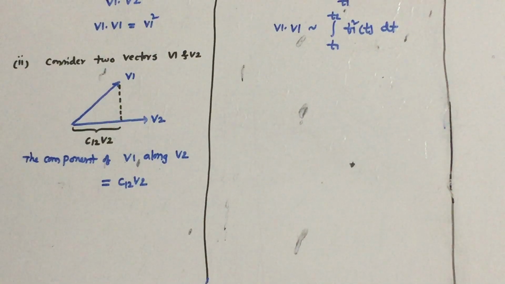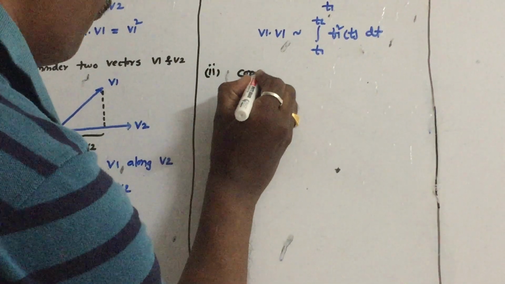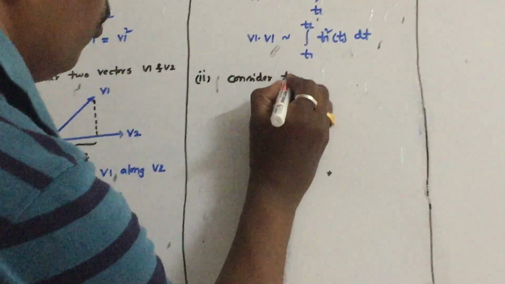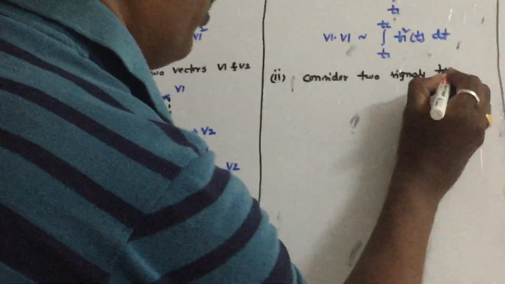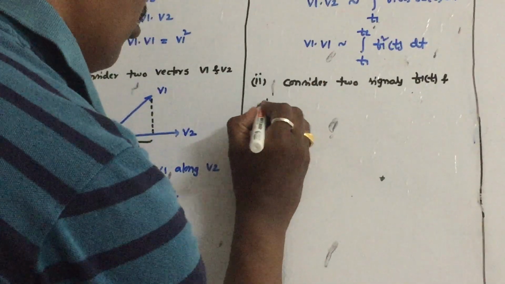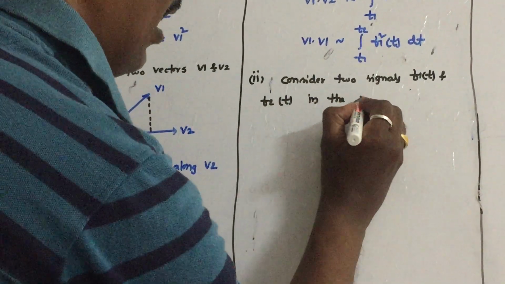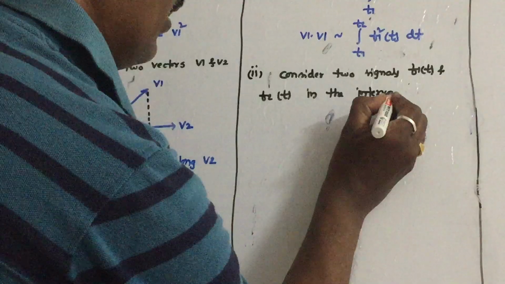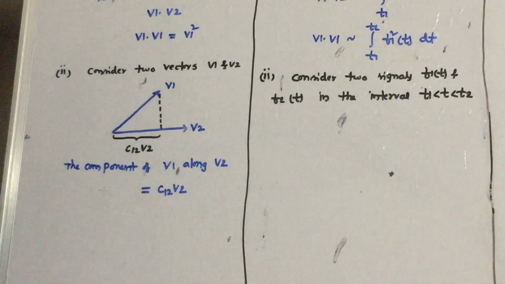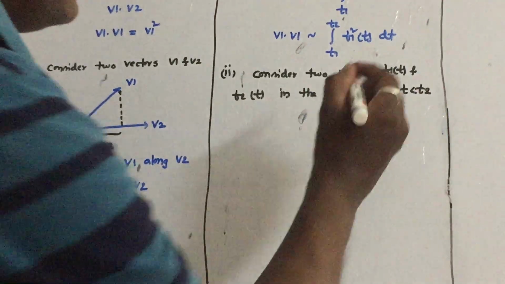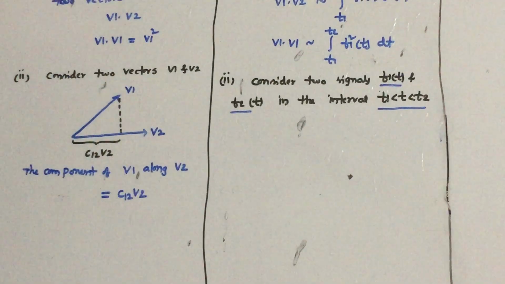Similarly, coming here, consider two signals f1 of t and f2 of t in the interval t1 less than t less than t2. I have considered two signals f1 of t and f2 of t in the interval t1 to t2.